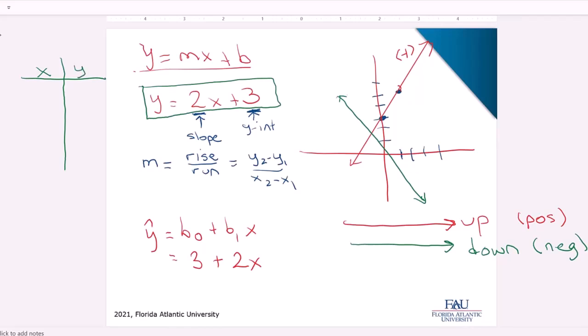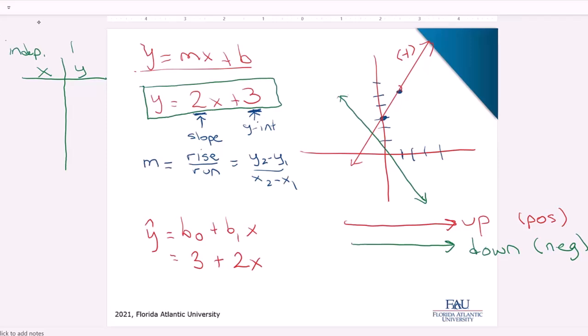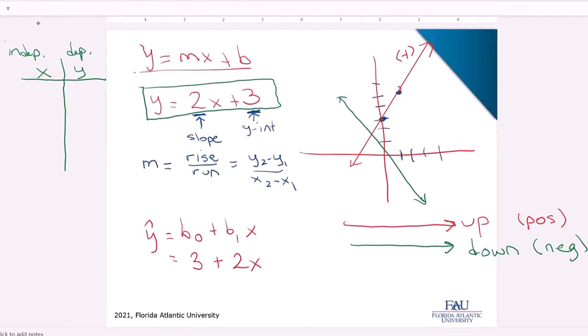Why do we call x the independent variable and y the dependent variable? If I want to solve this equation, I can pick any x value that's independent. If x equals 0, when I plug it into this equation, 2 times 0 is 0 plus 3 is 3. My y equals 3, and it depends on what x was.